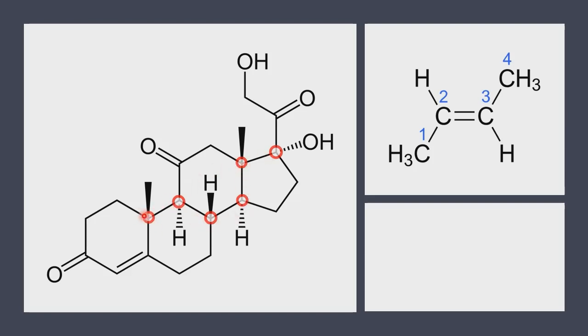If this is the carbon, it is connected to a bond here, that's the first, a bond here, that's the second, another bond here, that's the third, and another bond there, that's the fourth. So it is a tetrahedral carbon. Another carbon over here is also connected: 1, 2, 3, and 4 bonds. That's another chiral center. This one also has 1, 2, 3, 4 bonds, and so on and so forth.